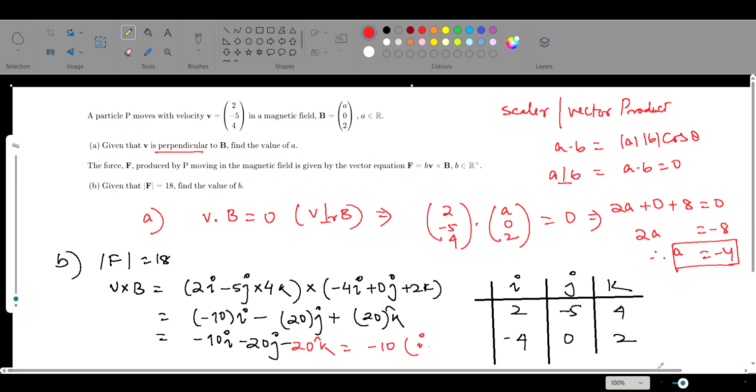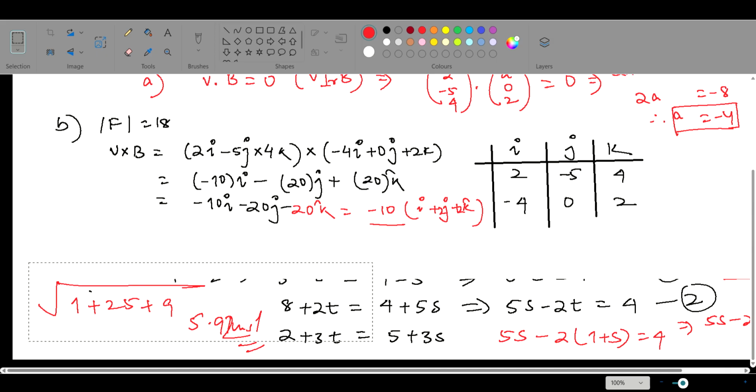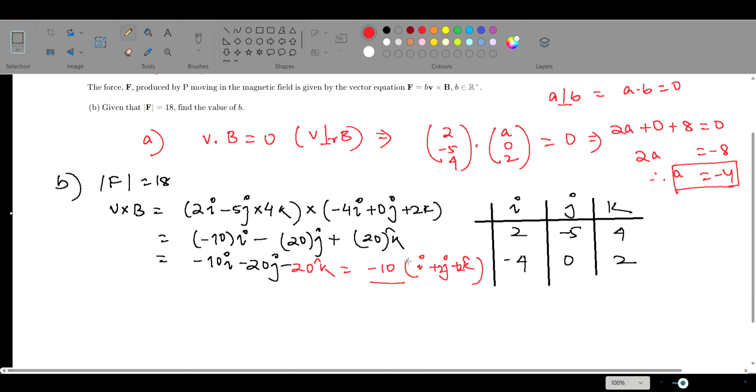So if I take minus 10 common here, it will be i plus 2j plus 2k. Up to you, that's up to us. We can write in ijk, we can write in column vector like minus 10.